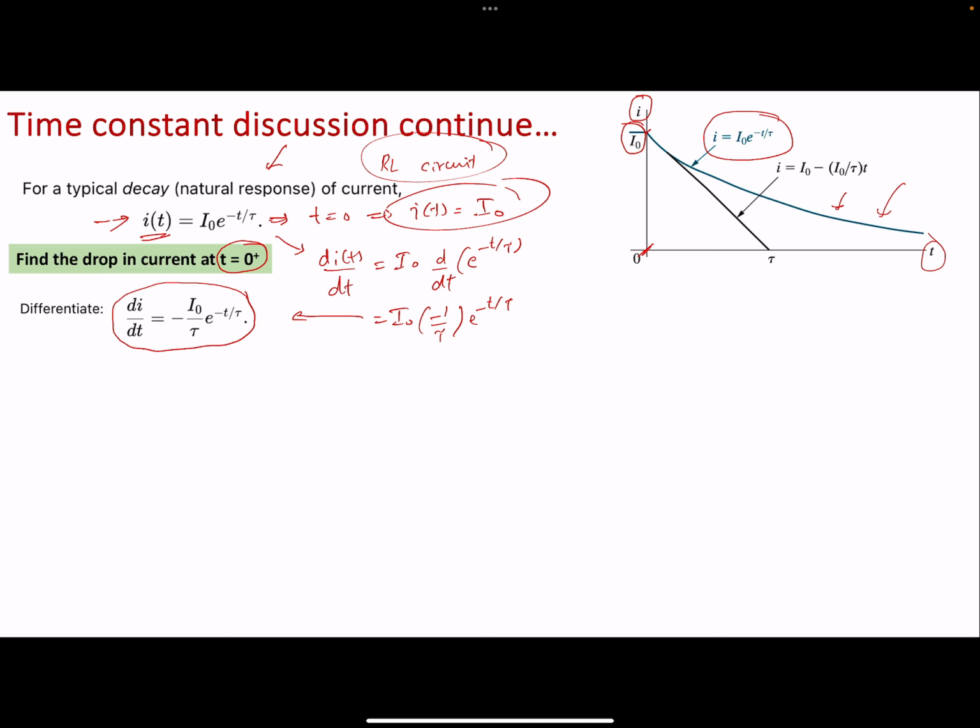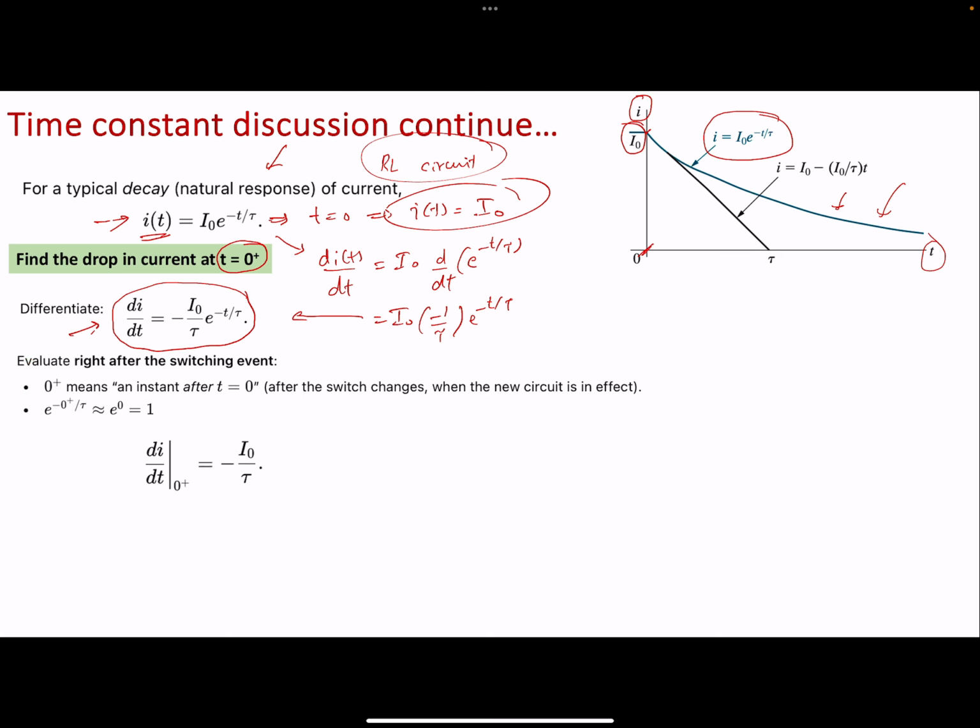Now, interestingly, this equation represents the change in the current, so let's see what will happen exactly at t equals 0 positive. Right after the switching event, t equals 0 positive means you can potentially pick 0.0001 seconds, rather than t equals 0, where I of t equals I naught.